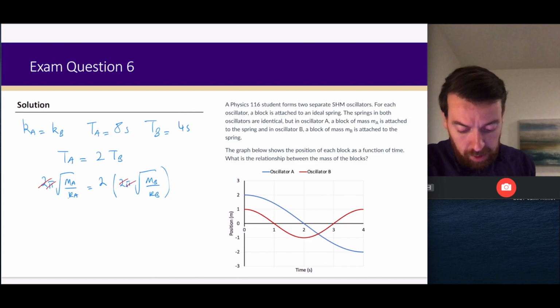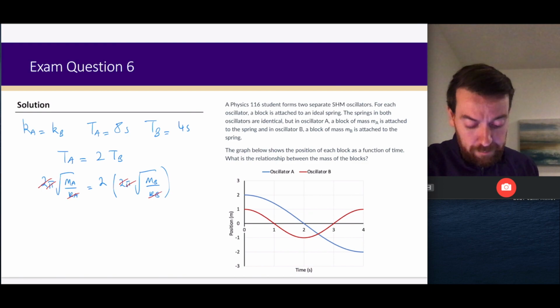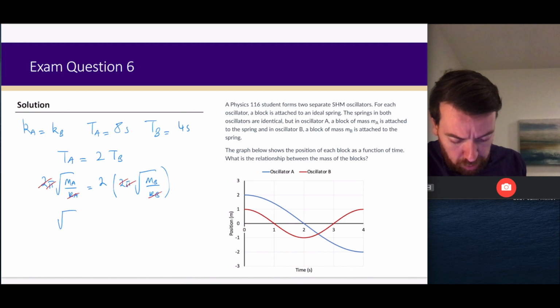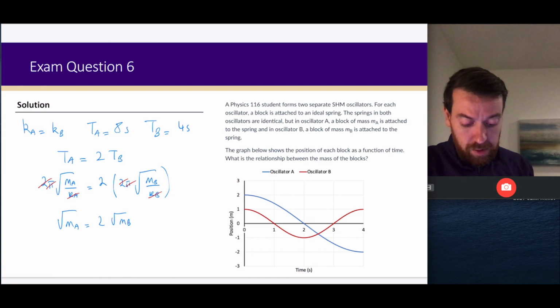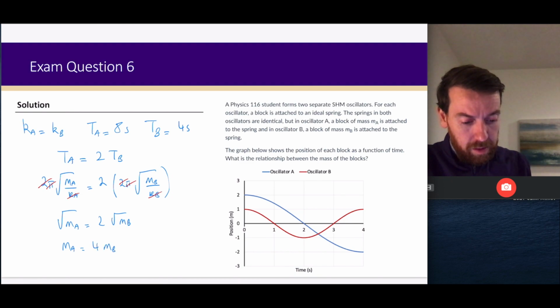We can also cancel out the Ka and Kb because it's just K, the same spring. So we simplify to the root of Ma equals 2 times the root of Mb. Square both sides to get rid of the square roots, so Ma equals 4Mb, and that's the correct answer for this particular version.